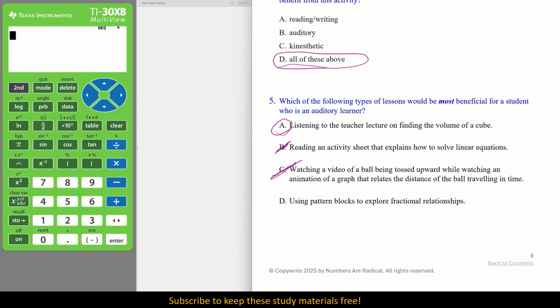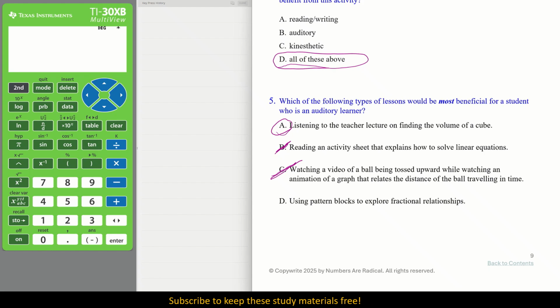Now, if you had auditory and visual and the video was described as, hey, in this video the student will have to listen and watch, we don't know what that video is, so I would say that video is not the best benefit. This video could have very little to listen to and only have shapes moving around, which I've come across. So they're not telling you enough about the video.